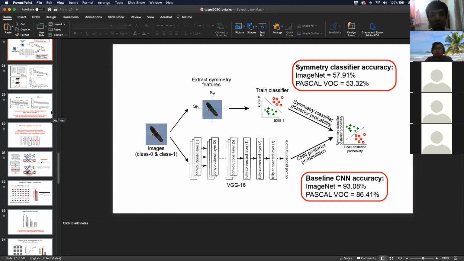You have an activity vector or a probability score for the first stage of the symmetry classifier. I told you we extracted 8 symmetry features across 8 different axes. Yes. So you have a vector for each image now. Yes. And we use that to train that classifier.